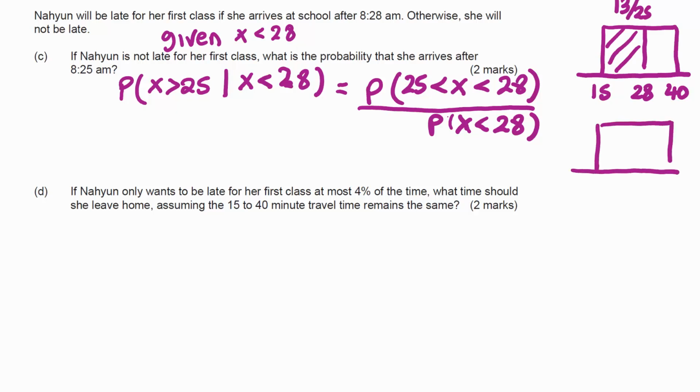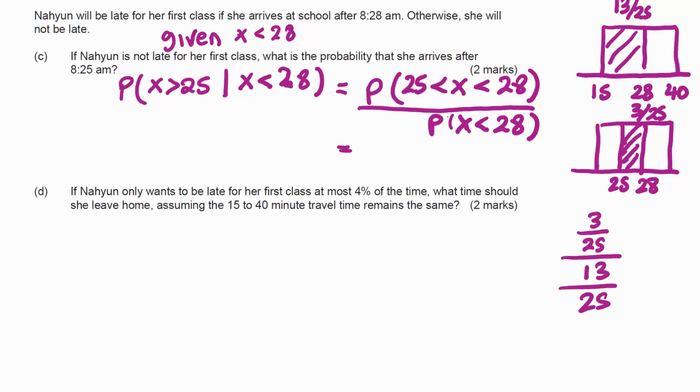We draw the distribution again and just consider going between 25 and 28. The width of that is 3, so that's 3 over 25. So this one is going to be 3 over 25 divided by 13 over 25. The 25's cancel, and it's 3 out of 13.